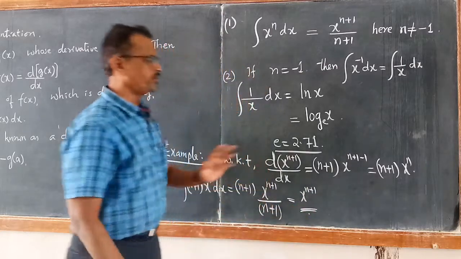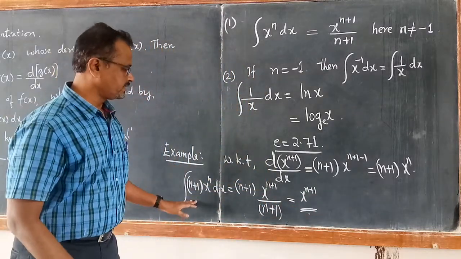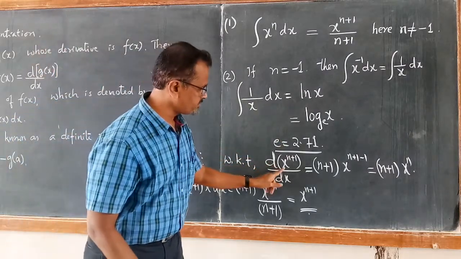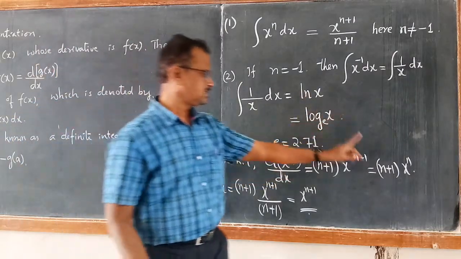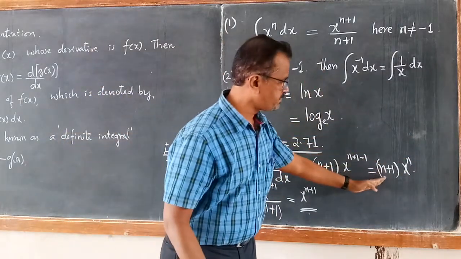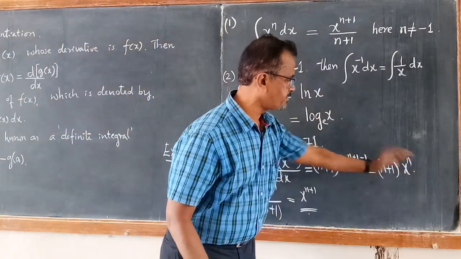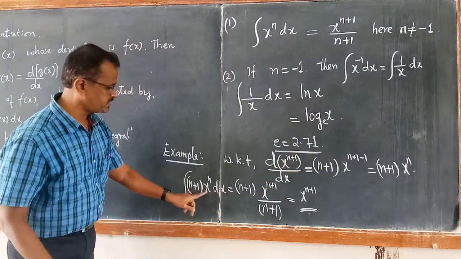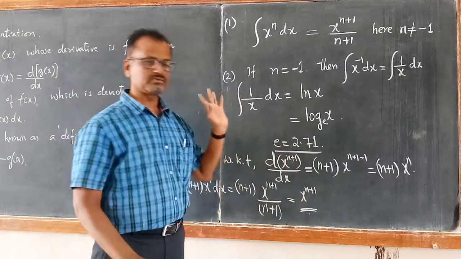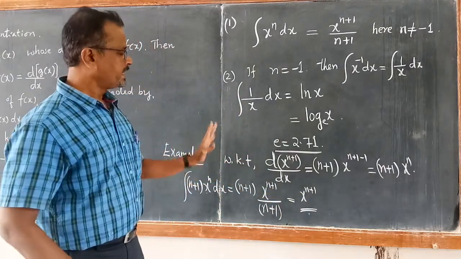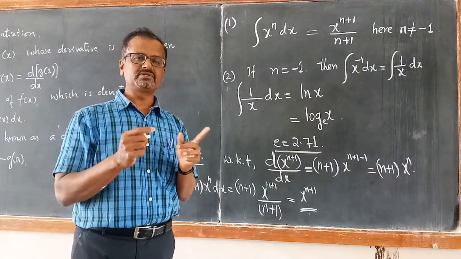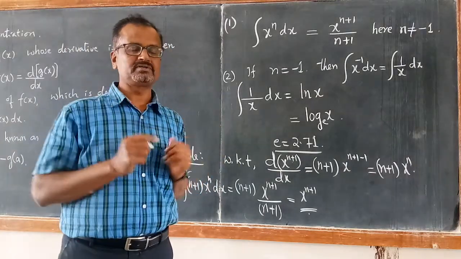So that's how we prove integration is the inverse of differentiation. Differentiation of x to the power n plus 1 gives us n plus 1 into x to the power n. Integration of n plus 1 into x to the power n gives us x to the power n plus 1. That's how we prove that integration is the reverse or inverse process of differentiation.